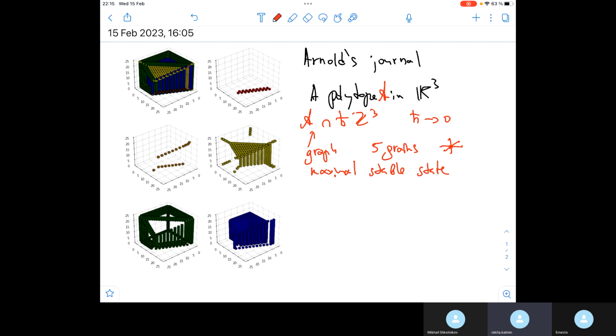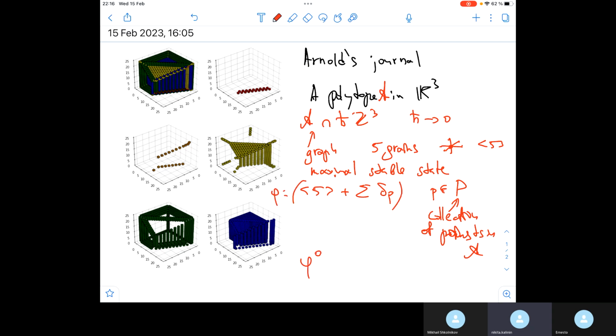And then the question is what happens? So here is 5 grains, denoted by 5. And then I consider the state 5 plus sum of delta p, where p belongs to a finite collection of points in alpha.